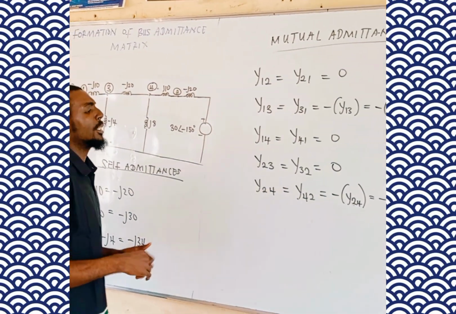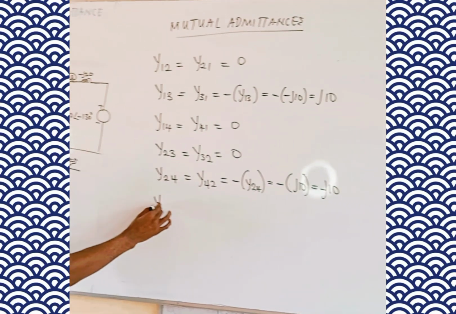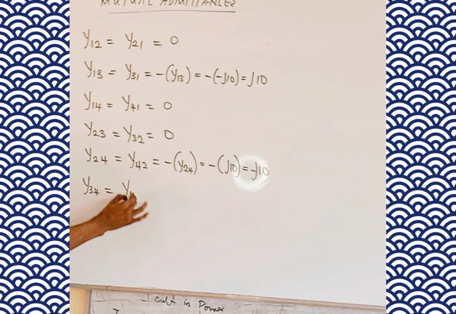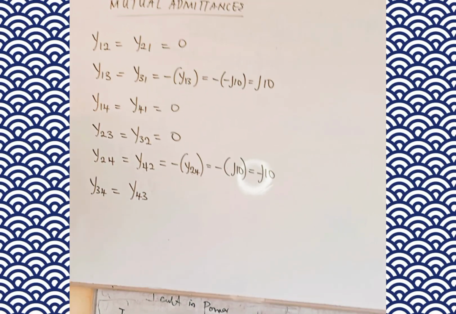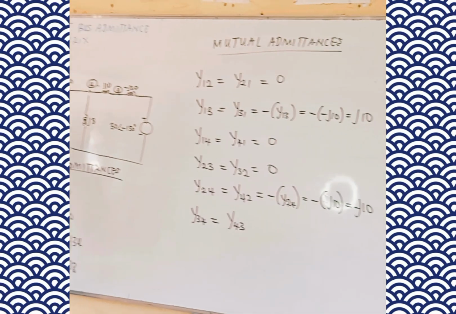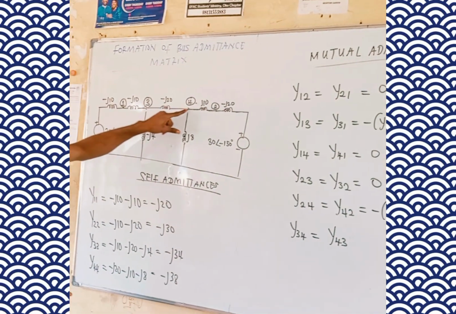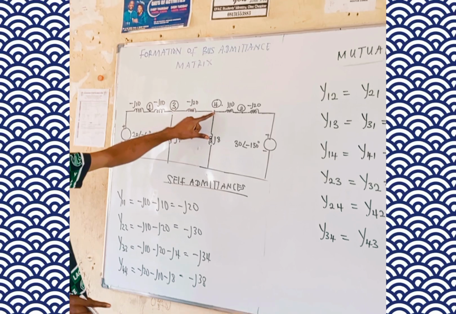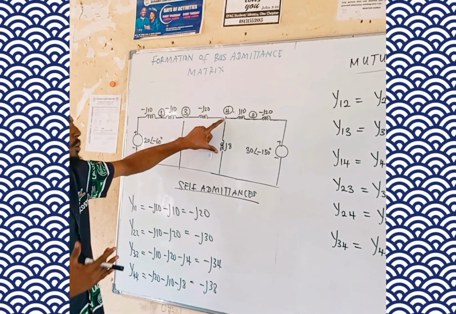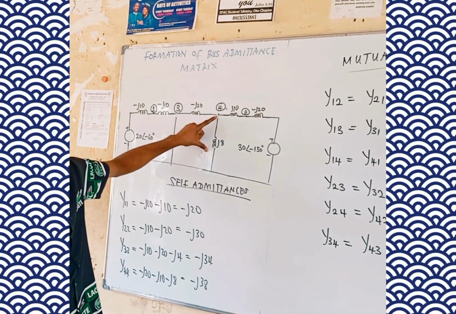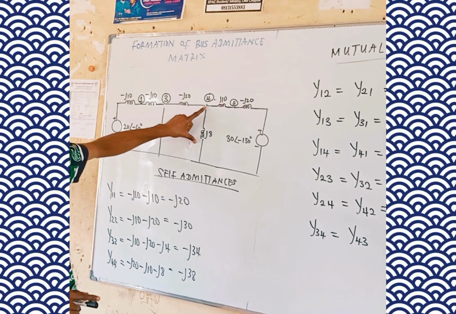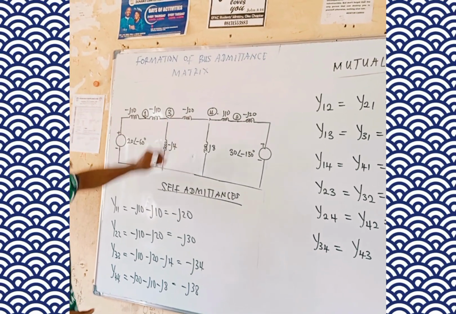The next we are going to talk about is y34. y34 is equal to y43, but let's see if bus 3 is connected to bus 4. Definitely there is an admittance between bus 3 and 4. So there is an admittance between bus 4 and bus 3, which is minus j20.